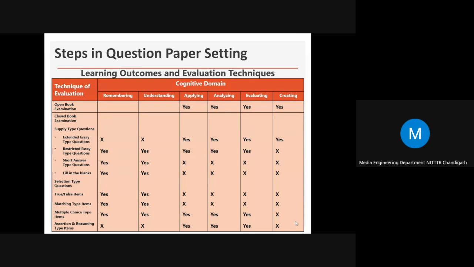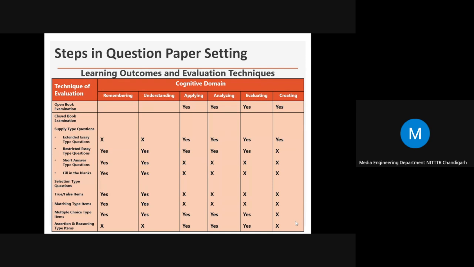If we are asking an extended essay type question, is it possible to attempt that question in limited time, or we may give this extended type of question in the assignment where the students have sufficient time to attempt it, right? Similarly, restricted essay type is up to the evaluating level, but short answer questions or fill in the blanks are recommended only for lower levels, remembering and understanding.